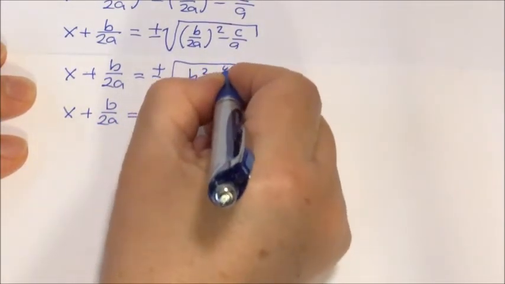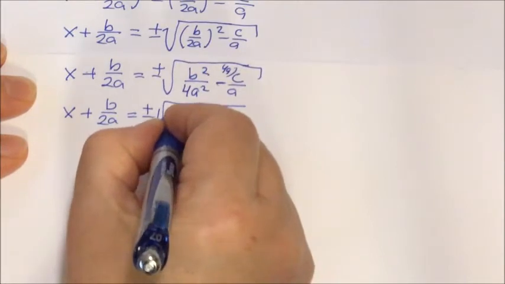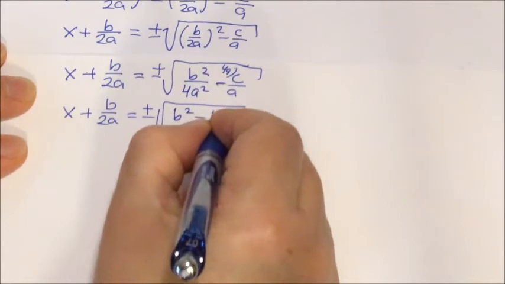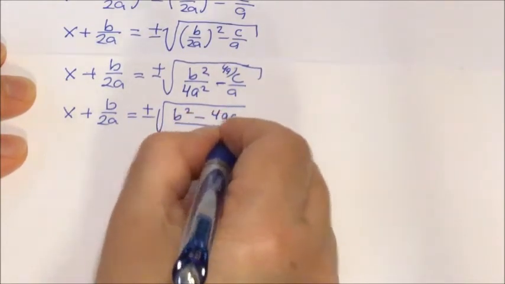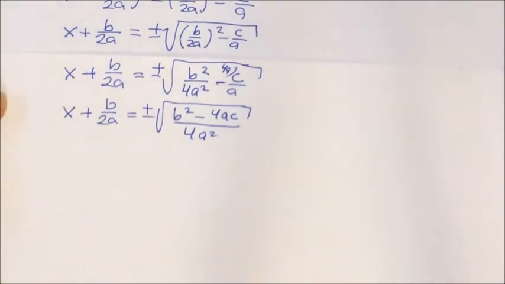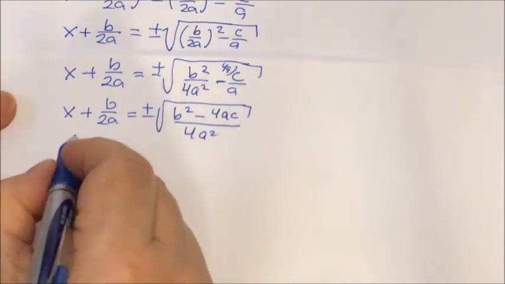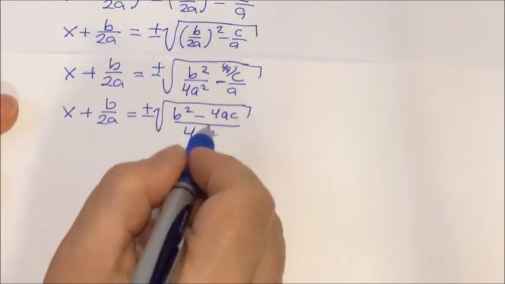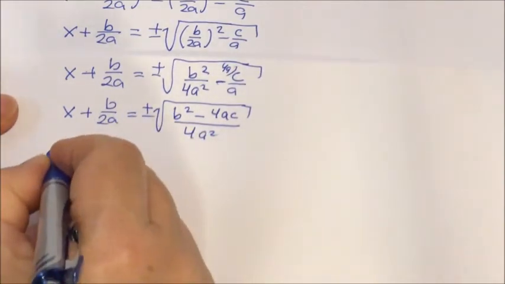By 4a, and we get b squared minus 4 times a times c divided by 4a squared.